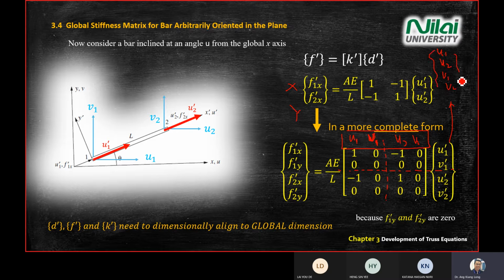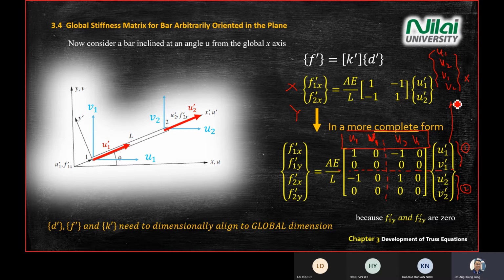If you write like that, this is wrong. This is the wrong arrangement. You have to write the first set for point 1. So point 1, you have U1, V1. And then you continue with point 2. So point 2, you have U2, V2. Don't mix up the points.